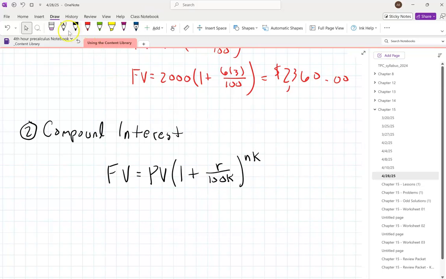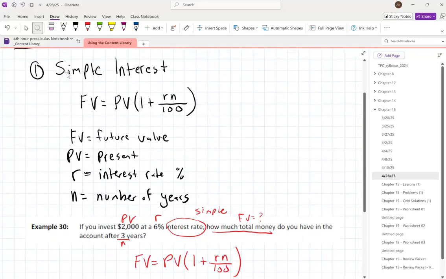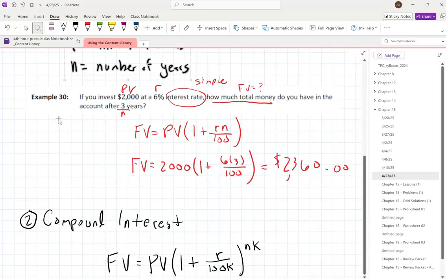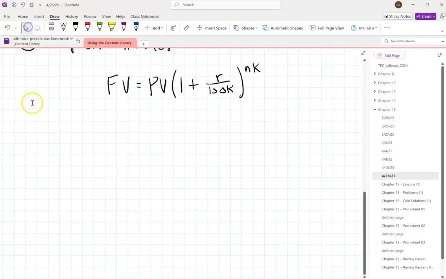So you'll notice this formula, FV is equal to PV times the quantity 1 plus R over 100K to the NK. The letters inside of this, or the variables, are almost the same as the simple interest formula.